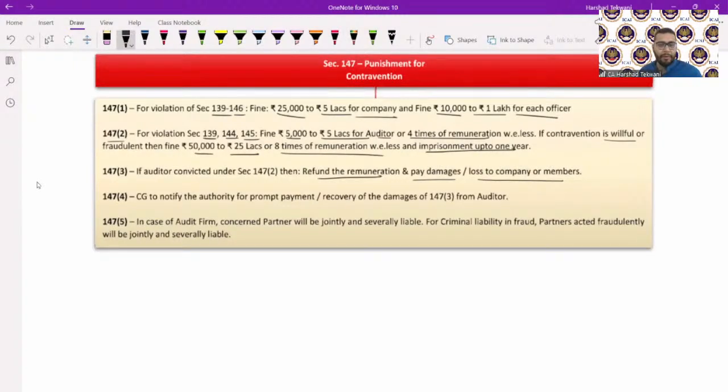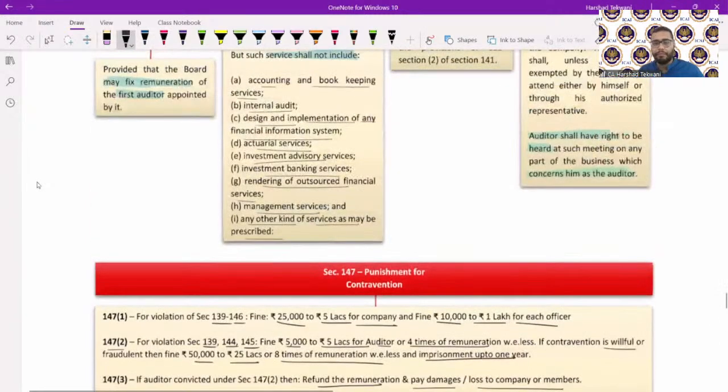In 147(5), it talks about the case of an audit firm, where partners will be jointly and severally liable for any liability which will arise. And in case of a criminal liability, partners who have acted fraudulently will be jointly and severally liable. So these were some of the contraventions or punishments provided under section 147.